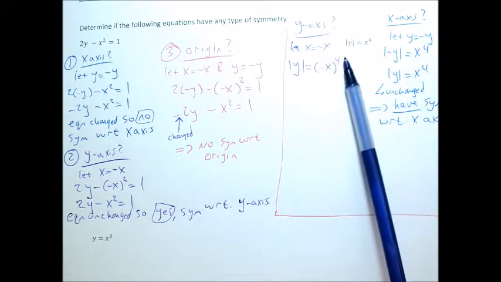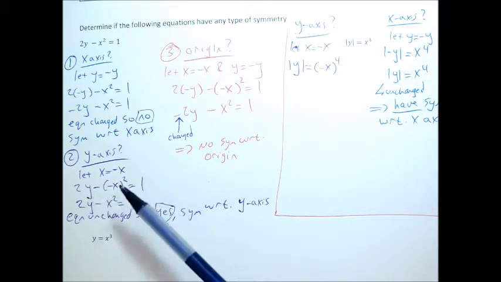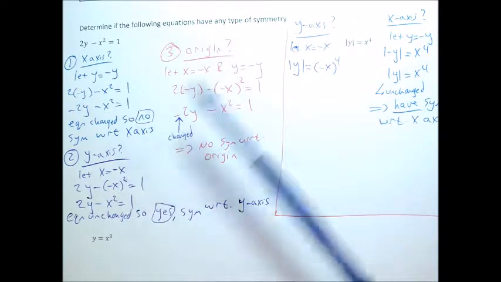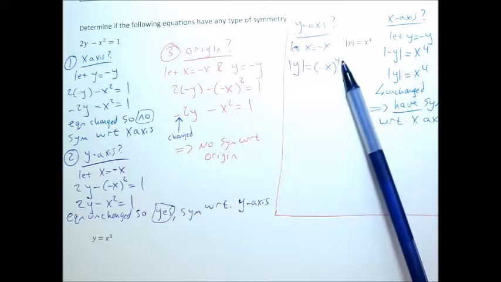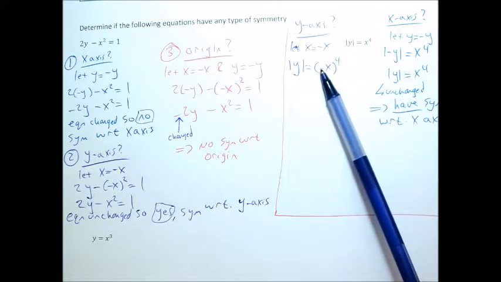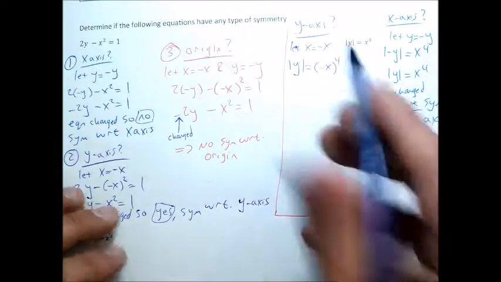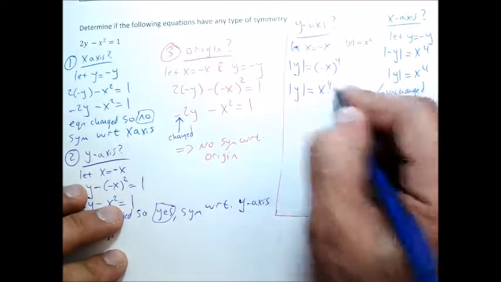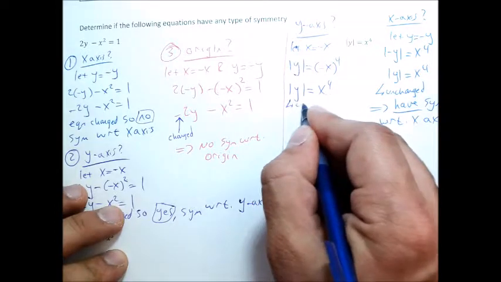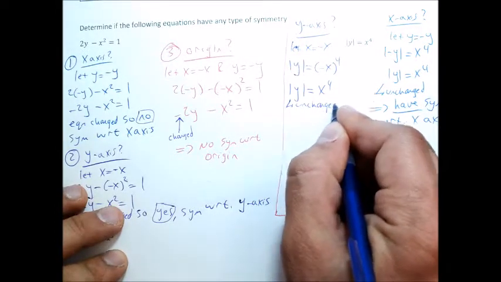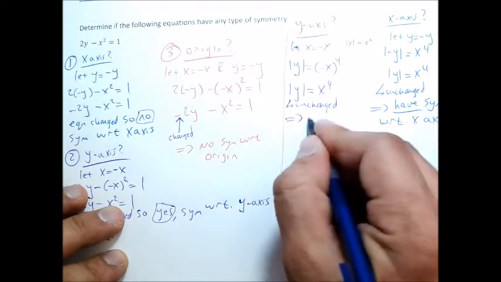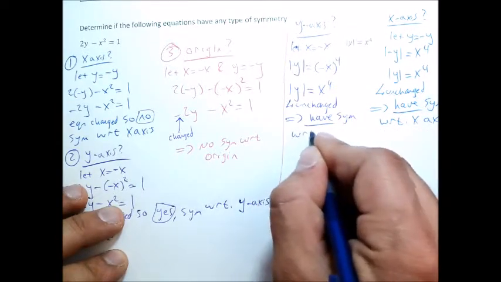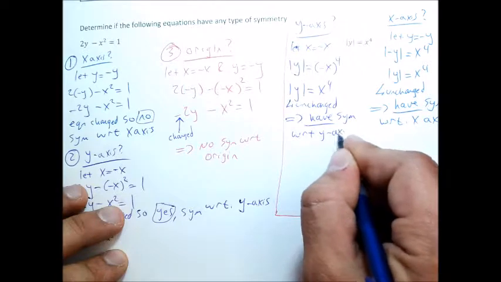And just like the square in the last one that made the negative positive, this one's got a fourth power that's going to make that negative positive. So this will also be unchanged because this just becomes x to the fourth. That means we have symmetry with respect to the y-axis.